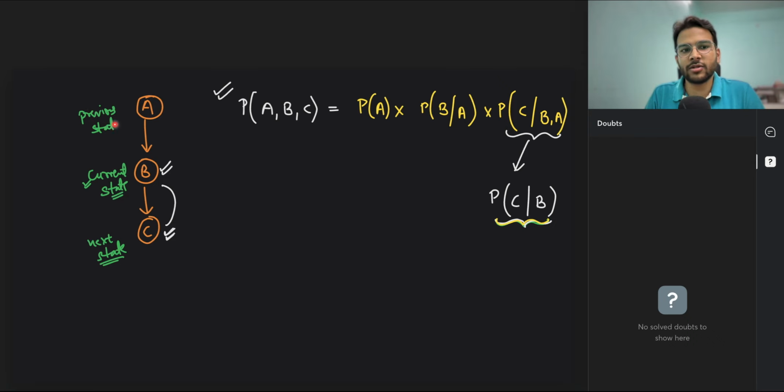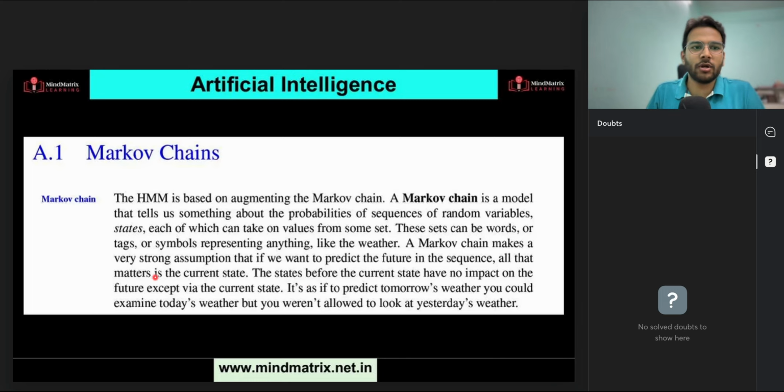Is this clear? So this is the Markov property in short. We will see the complete detail about this, but this is the brief idea that you can understand. I hope it is clear to all of you. So let's talk about it.